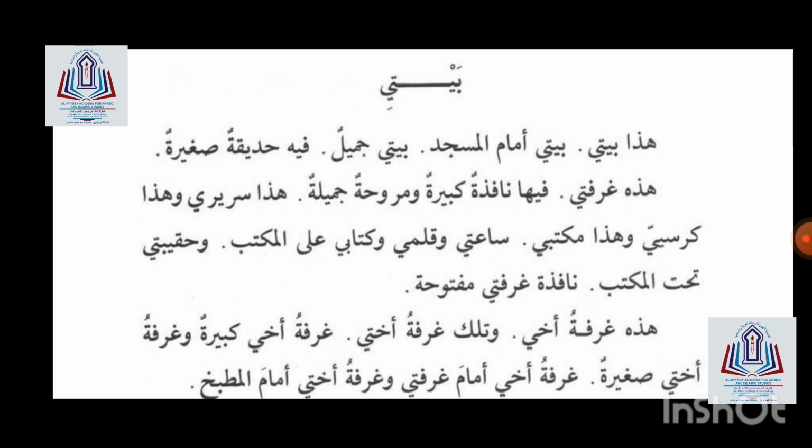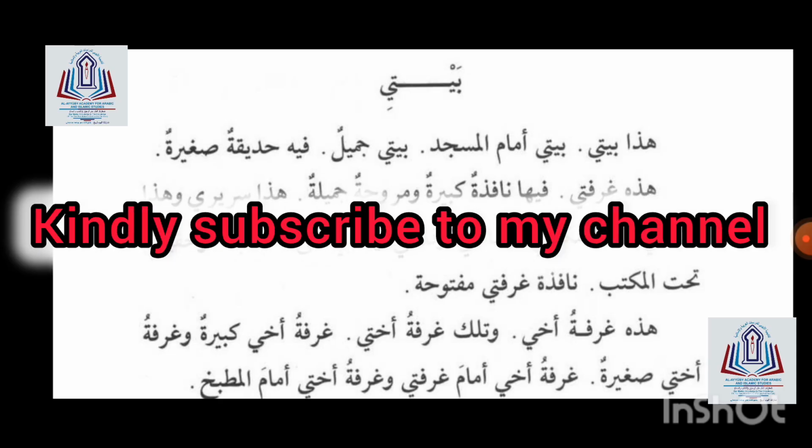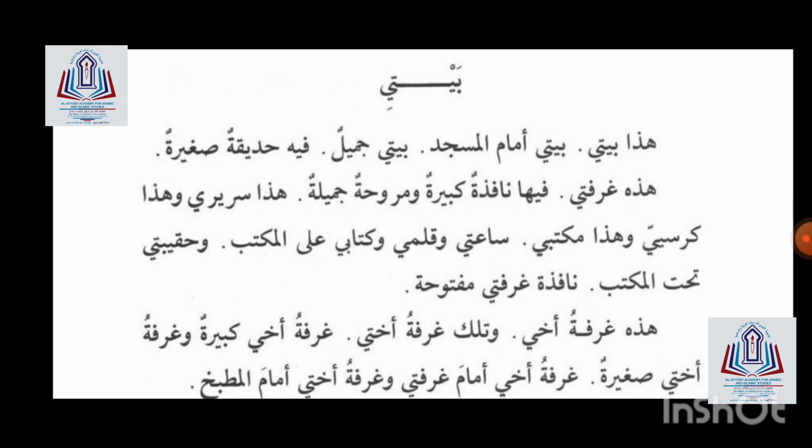As we have in hadiqatun, saghiratun, both of them are feminine. That's why we have ta on both of them. In that case, when it is a feminine, then the na'tun will also be a feminine. Hadiqatun saghiratun. It is wrong to say hadiqatun saghir, and it is wrong to say baytun saghiratun. No, you say baytun saghirun, hadiqatun saghiratun.